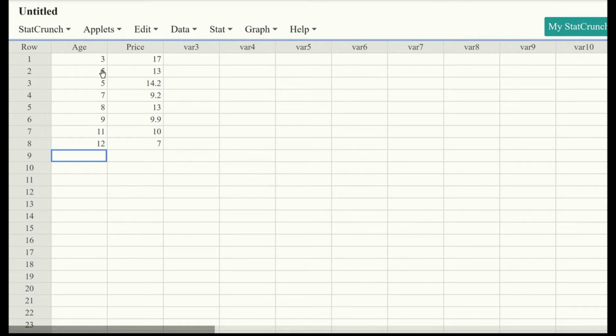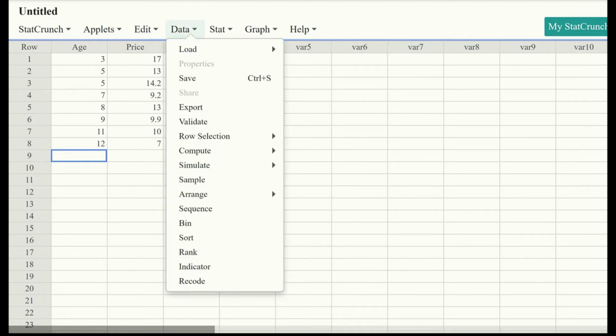Okay, so here I've brought the data from the table that we had, and I've sorted the values so that we have the youngest Honda here and the oldest one here at 12 years old. And here are the associated prices in thousands of dollars.